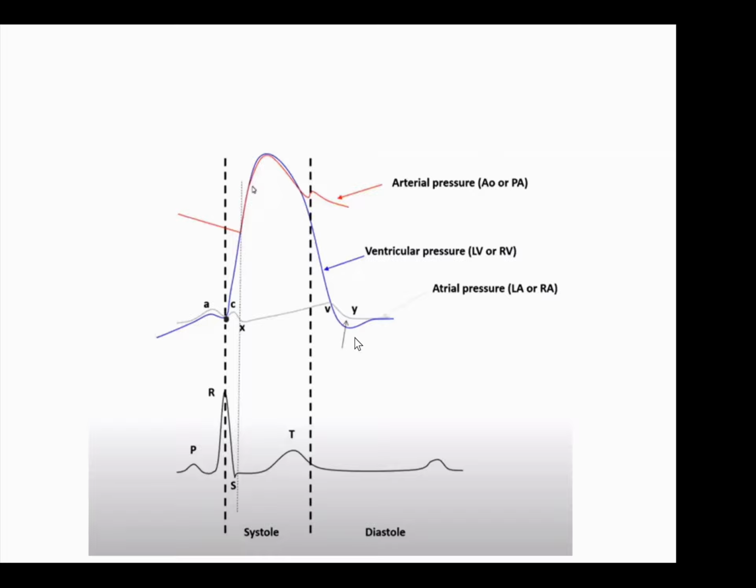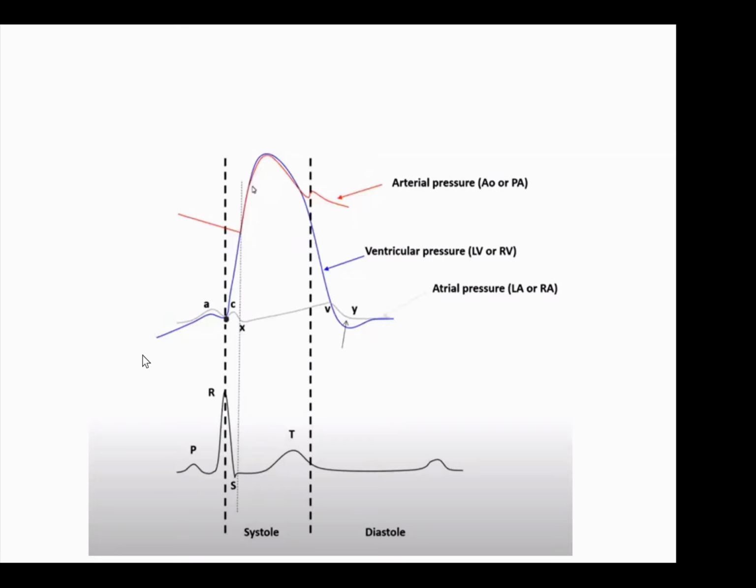So there is no peaking of any atrial pressure trace during the ST segment. However, the peaking of the arterial pressure trace, be it aorta, PA, RV, or LV, all happens during the ST segment.